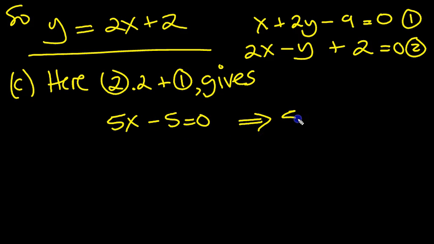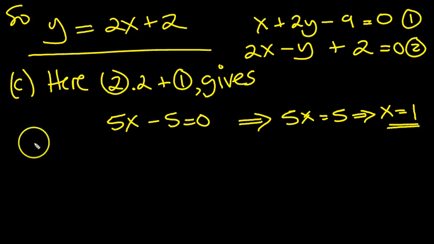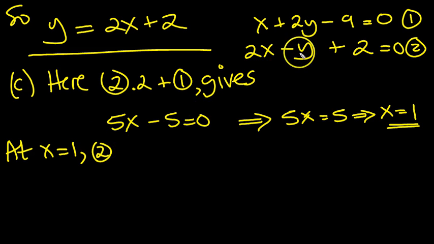So 5x will equal 5 then, won't it? And straight away we can see what x is, can't we? Divide by 5 both sides, we'll move the 5 from times to divide, and you see that x is 1. So x equals 1, in equation 2, because that's the easier one to deal with, implies that y equals, now I've moved that y over there, it's simply 2x plus 2.